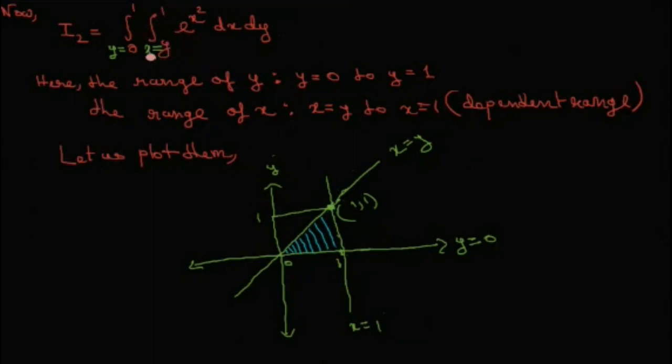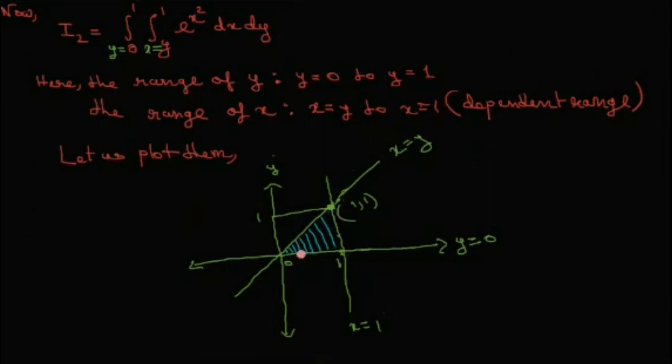Therefore, it should be the limit of x, and the lower limit y should be the lower limit of x. So the range of y is from 0 to 1 and the range of x is from y to 1, which is a dependent range.